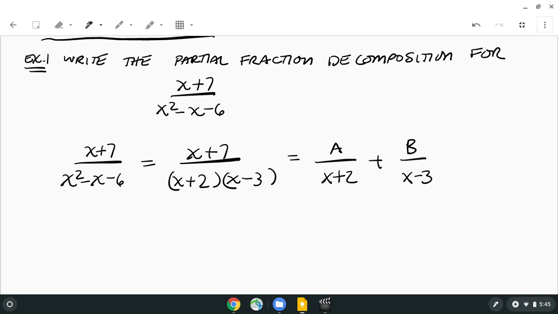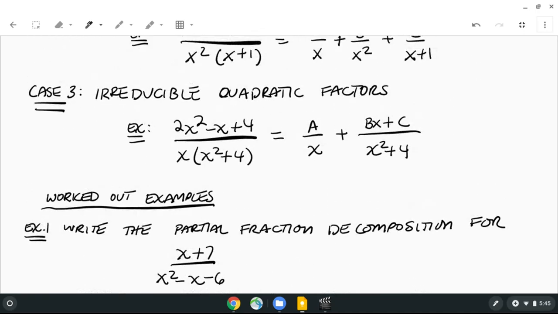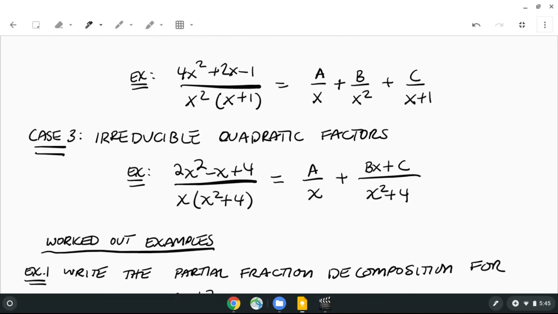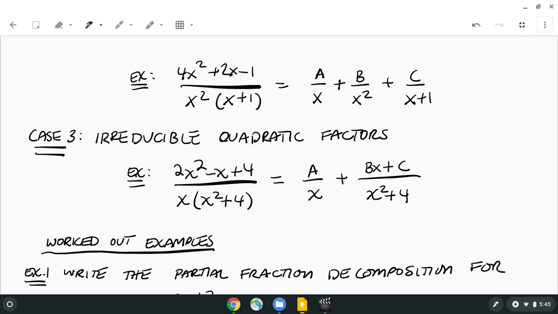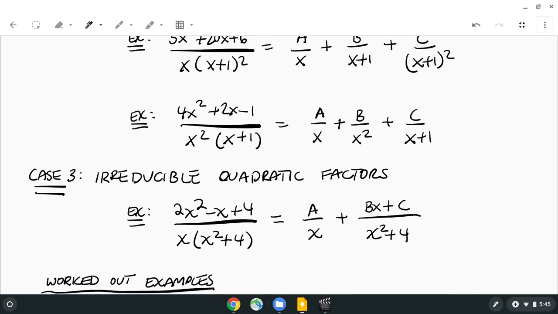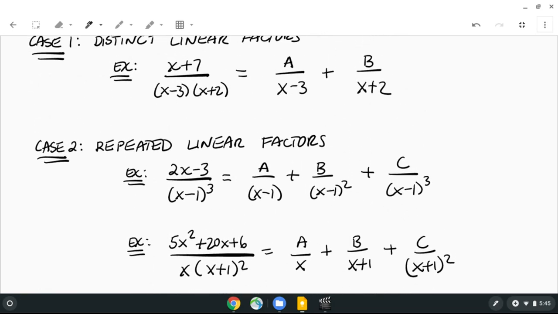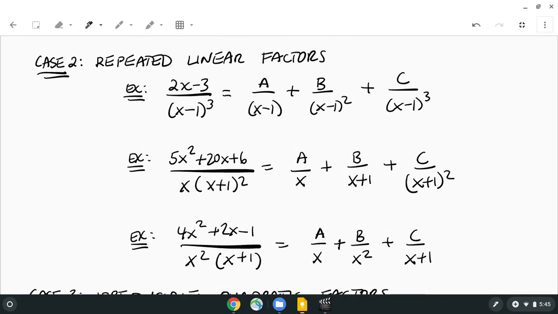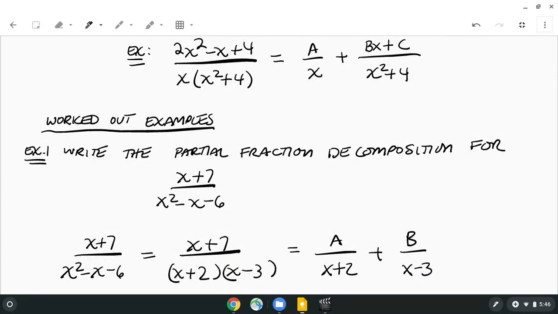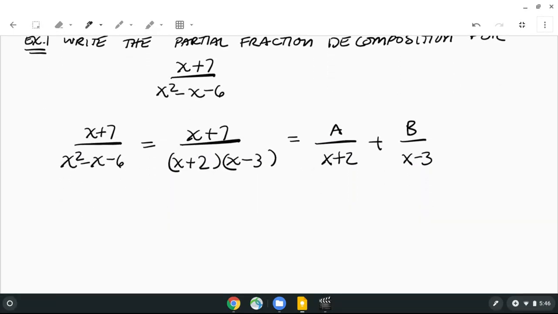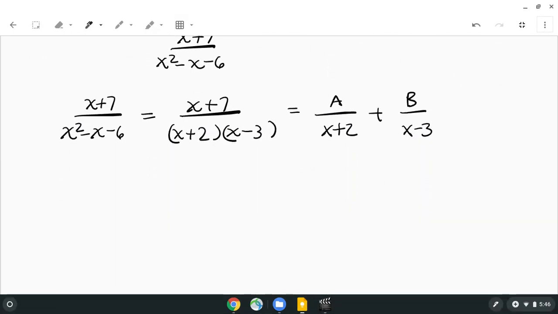If you notice all of these, the variables that we have to solve for are a, b, c, and they're all in the numerator. So we're trying to figure out the numerators. Here we're going to try to figure out what a and b are.